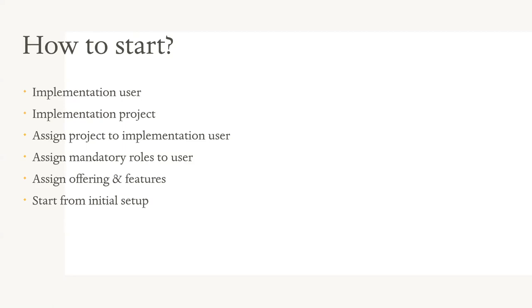And then we assign the roles to the user, which we saw in the previous slide: the IT security manager and application implementation consultant. After this, we assign the offerings and features for the project so that we can start our setups. These are the steps we have to follow.